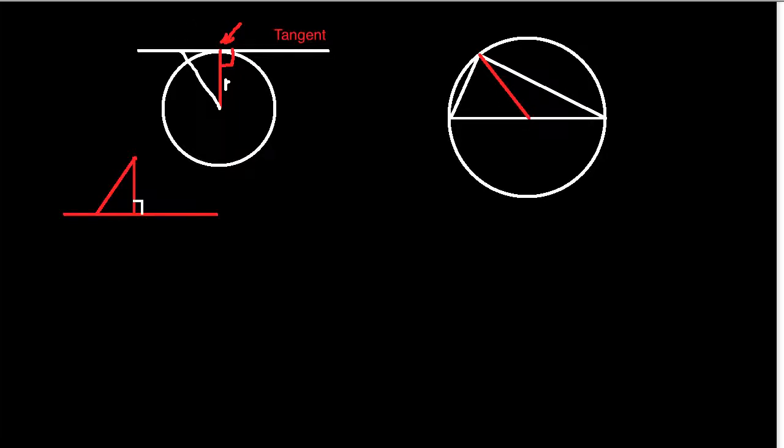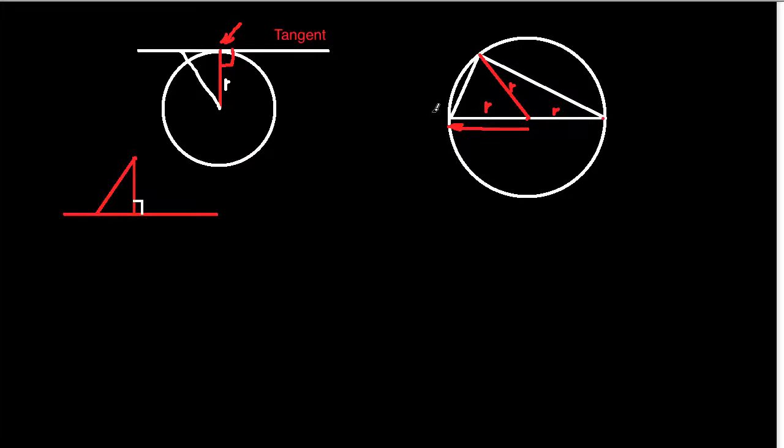This distance from the center to the circle right here is one radius, r. And the distance from the center here to the edge of the circle is also one radius. So here I have a triangle inscribed in the semicircle. This distance is a radius, this distance is a radius, and I'm going to draw this red line from the center to this point on the circle. So this is also a radius.